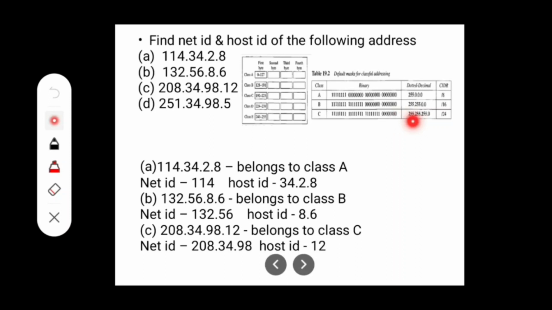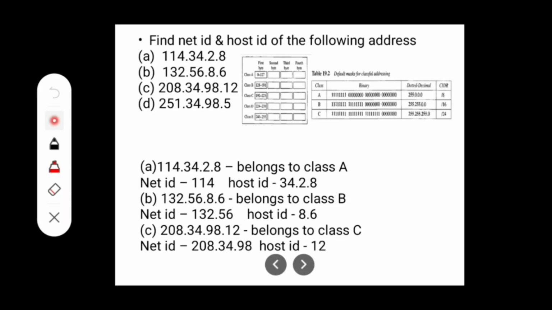So in this question, 208.34.98 is the net ID, and 12 is the host ID. Similar questions can also come.